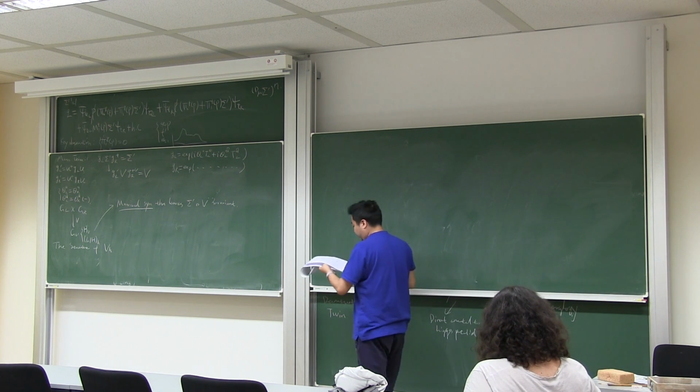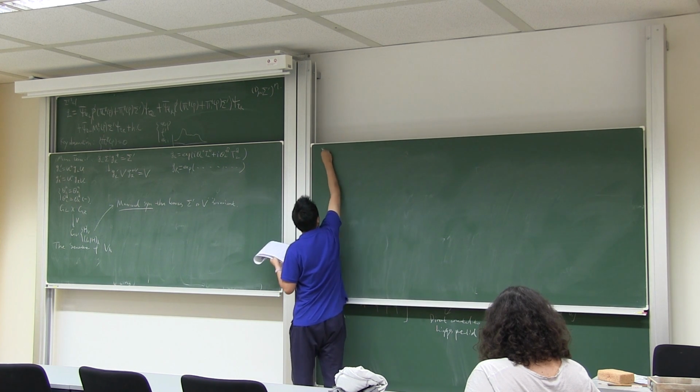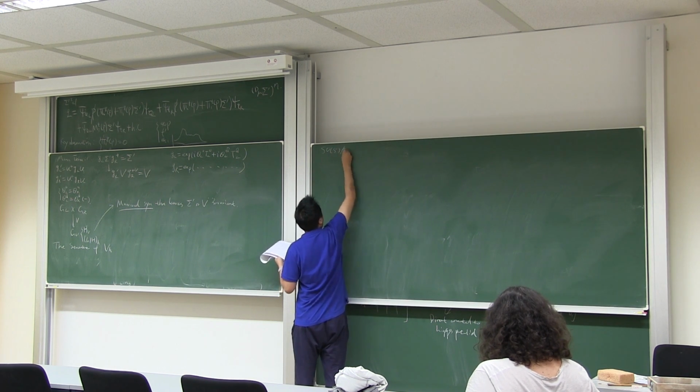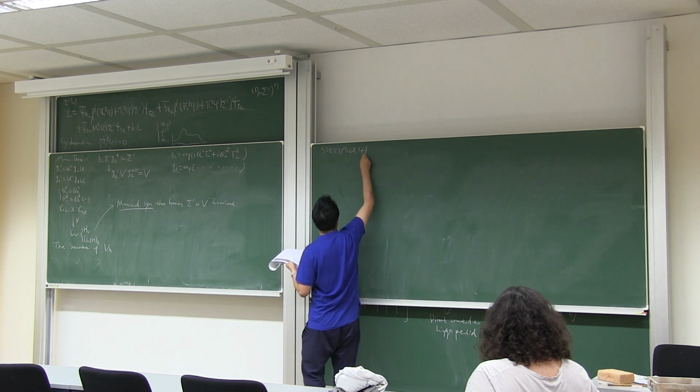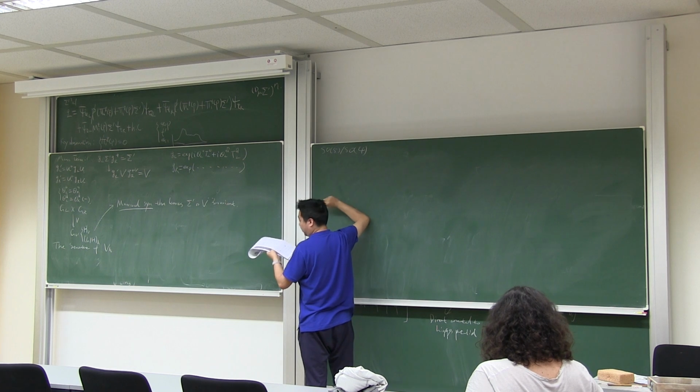So now let's look at the essential Higgs potential. Just for simplicity, because I need some concrete examples, let's say I use SO5 rather than SO4.